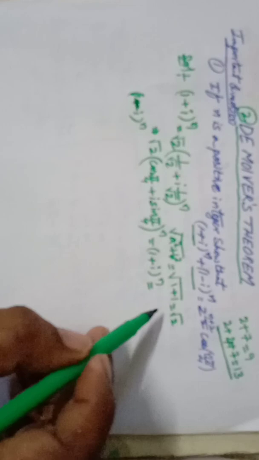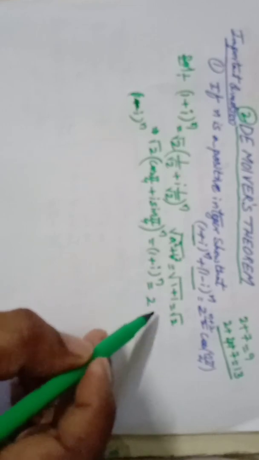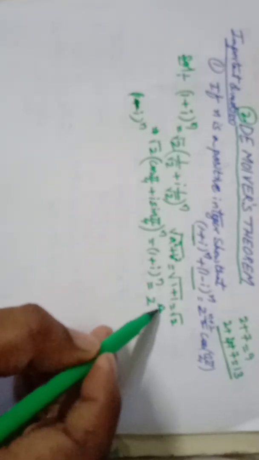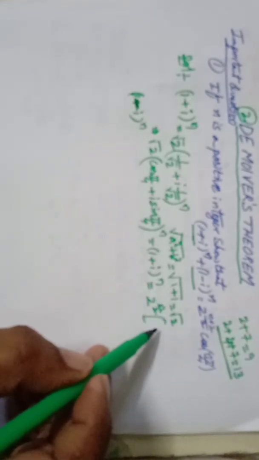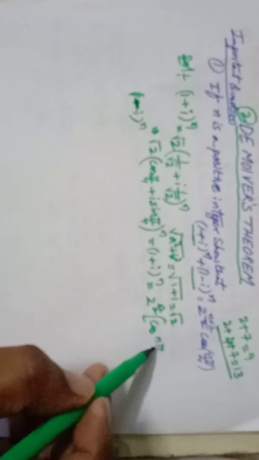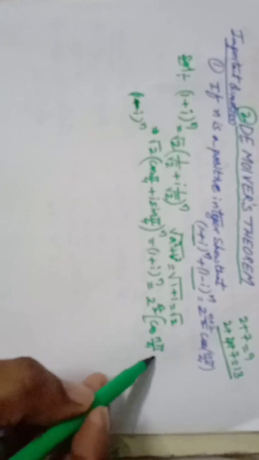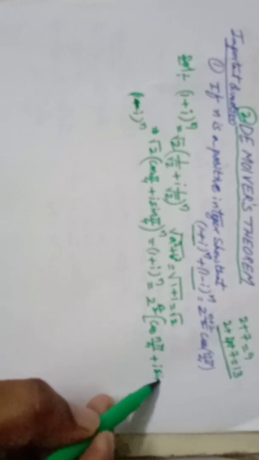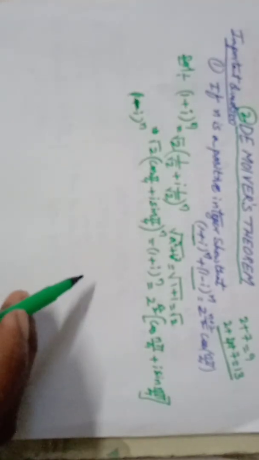Root 2 can be written as 2 to the power of n by 2, times cos n pi by 4 plus i sin n pi by 4, by applying De Moivre's theorem.